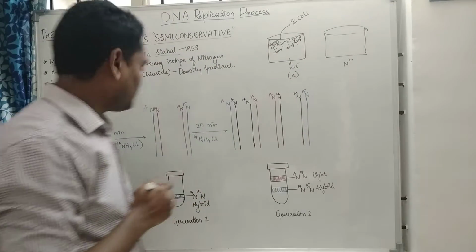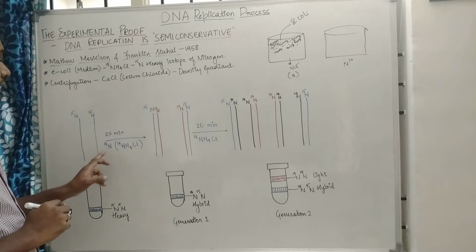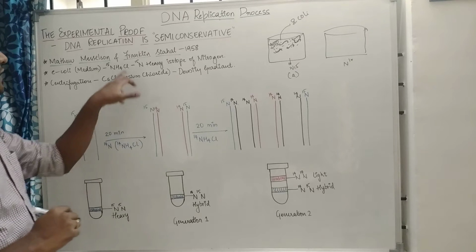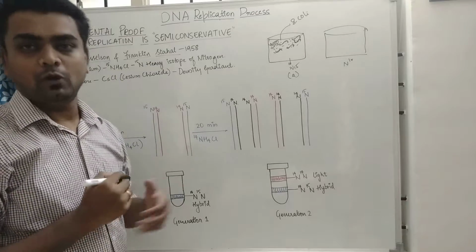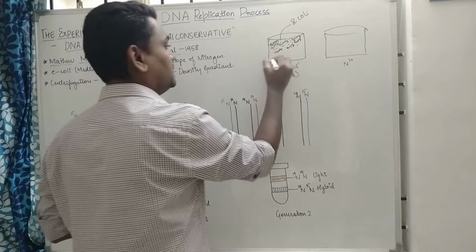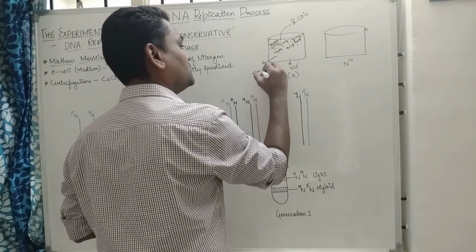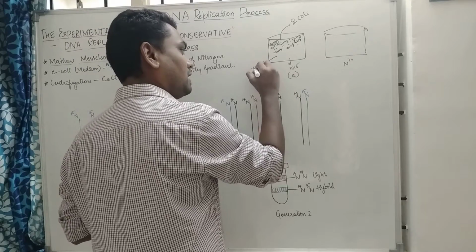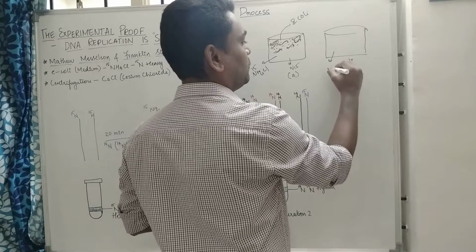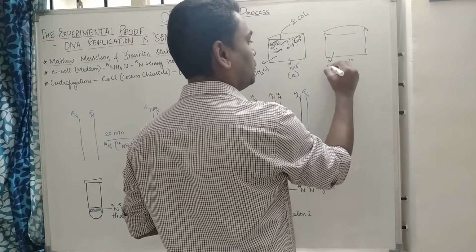Then in case B, what they did: NH4Cl means ammonium chloride, which they used as the medium. Here they used NH4Cl with isotope N15, and here also NH4Cl, but the nitrogen is 14.